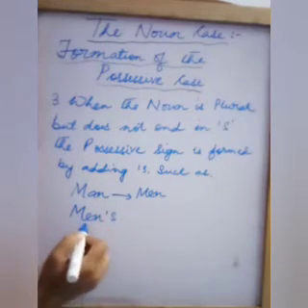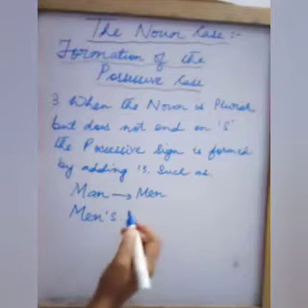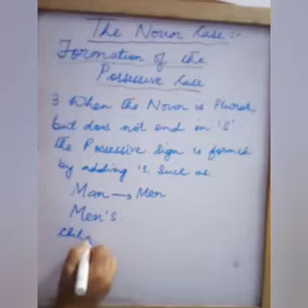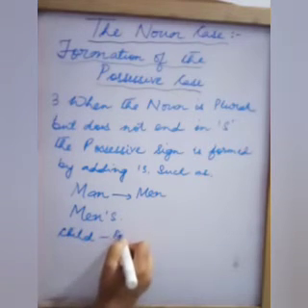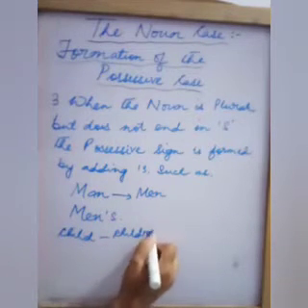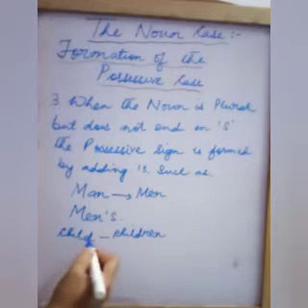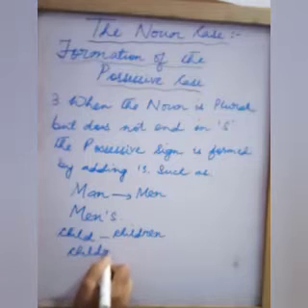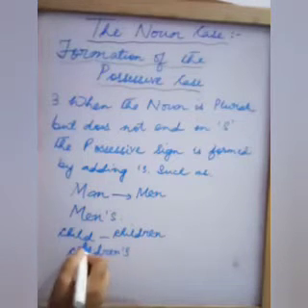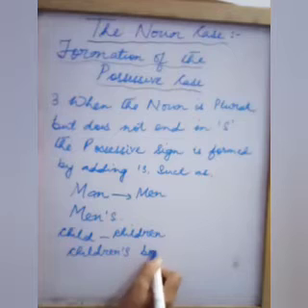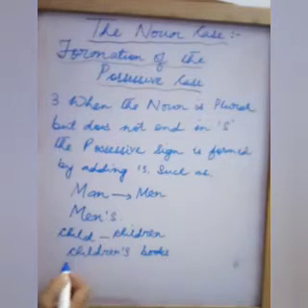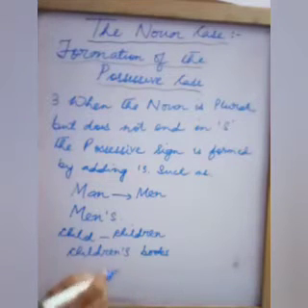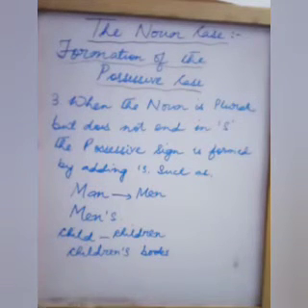Alright, say child is singular, plural is children, isn't it? So how will you show the possessive case here? Children, apostrophe s. Children's books. Alright, plural. We are adding the possessive to a plural noun which does not end with an s.